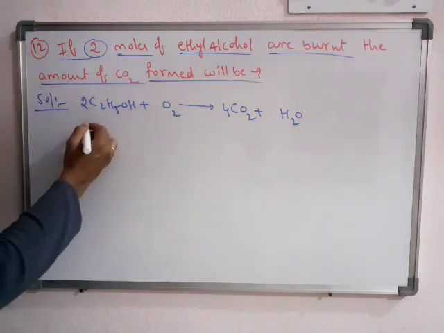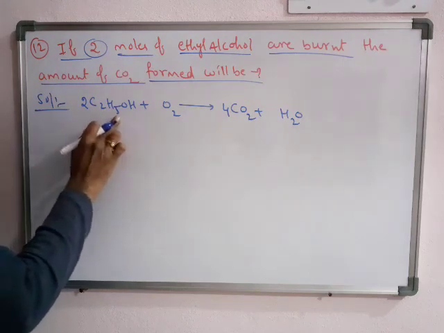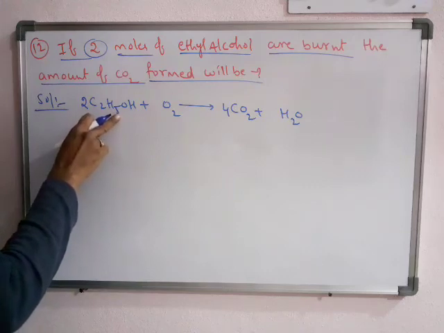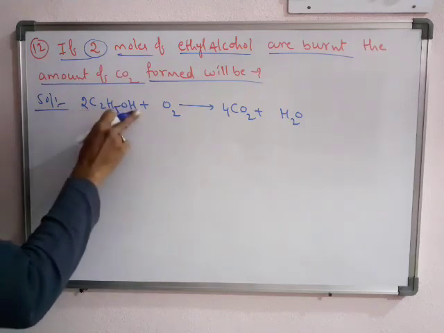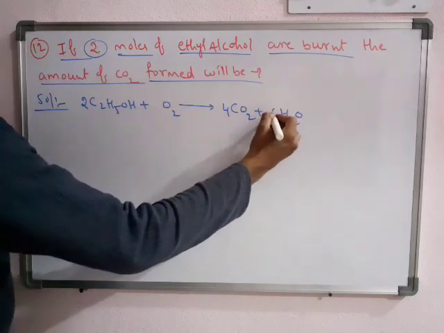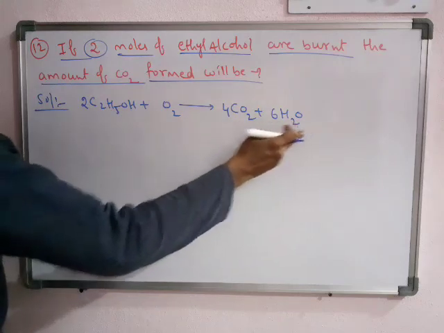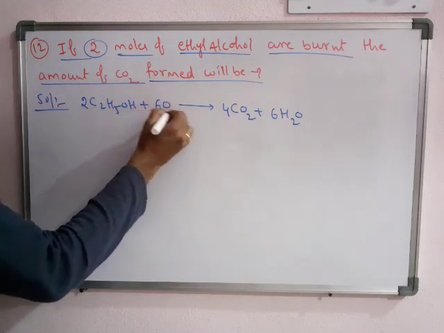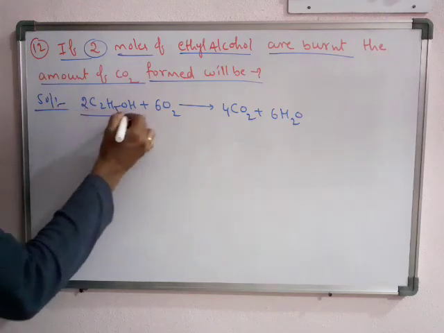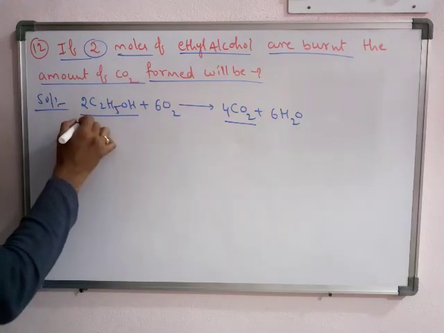What about oxygen? We have to balance the reaction first. How many hydrogens are there? 6 on one side, here 10, 12. So 6. See the oxygens: 14 are there, here only 2 oxygens, so 16. Now 2 moles of ethyl alcohol form 4 moles of carbon dioxide.